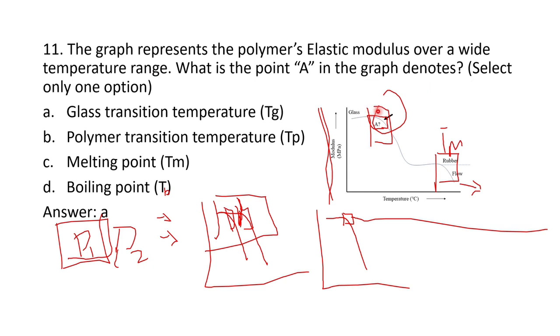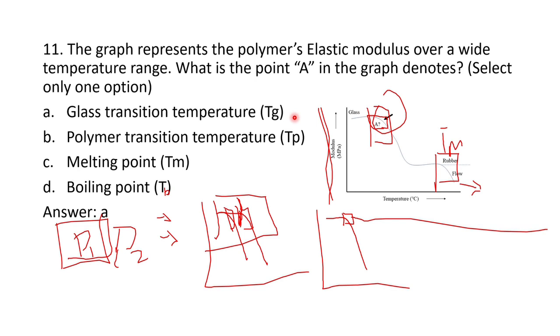So this point A, when you characterize a particular material, when you keep it in a furnace and increase its temperature, it will undergo weight loss. Any material will undergo weight loss when it is kept in a furnace. The first major transition occurs at the glass transition temperature. At the glass transition temperature, a material which is ductile in nature will be converted to a material that is brittle in nature.